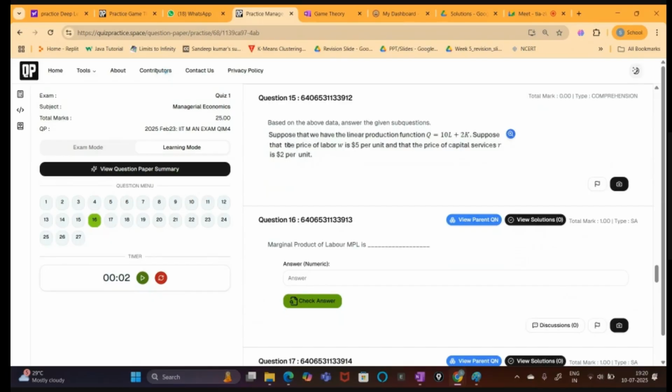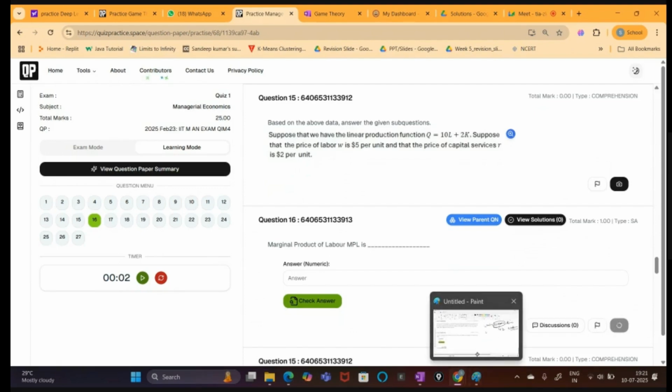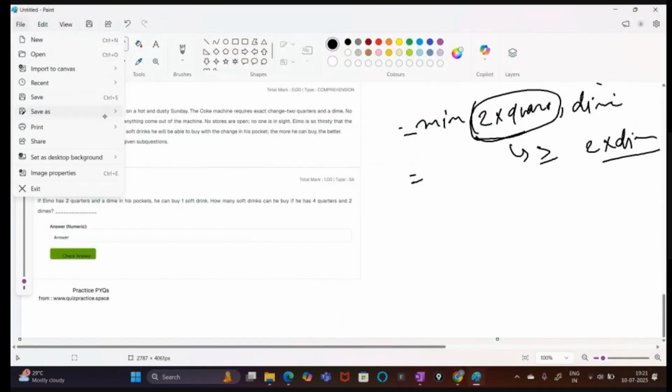Okay, so it is asking for MPL, which is the marginal product of labor. Earlier I told you how to calculate the MPL. We have to differentiate this function with respect to L. Let me copy this one and paste here.